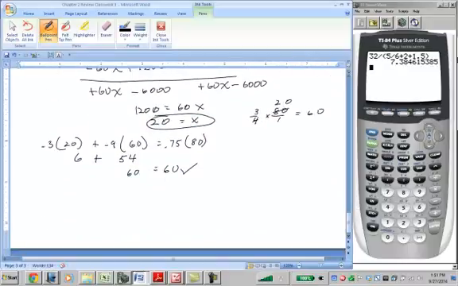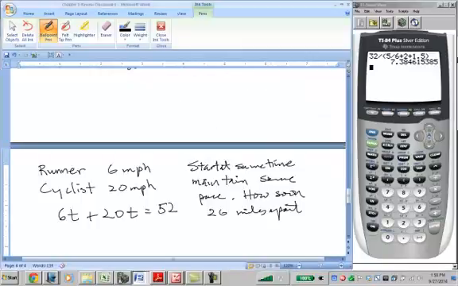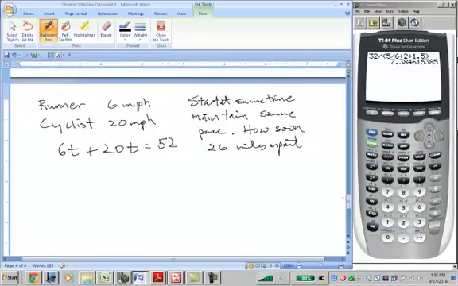Okay, I want to pause it again. I'm going to do one more type of problem. For the last problem, let's consider a runner and a cyclist, and they start in opposite directions. Let's draw a picture of the situation. Or they could be on an oval track.